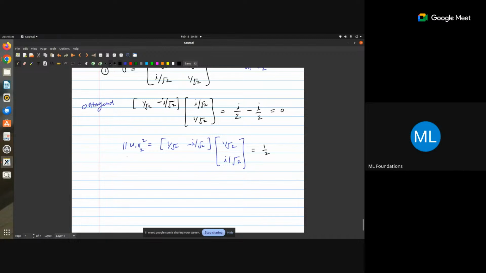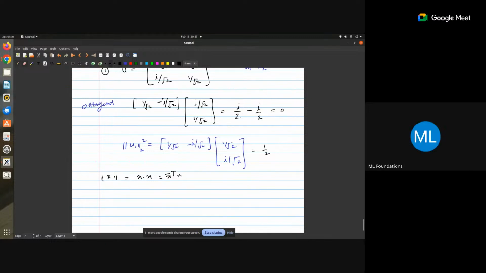Okay, what is the length of any vector? x dot x. So it should be x dot x, right? But in the complex case, how do you write this x dot x? x bar transpose x, right?